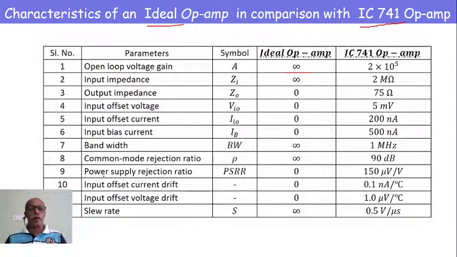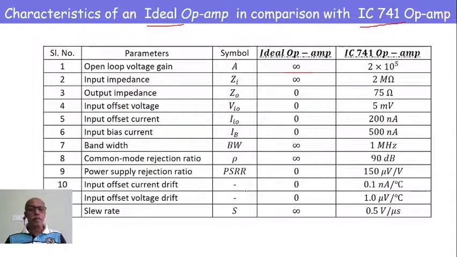Next one is the power supply rejection ratio represented by PSRR, and it will be 0 for the ideal op-amp and 150 microvolt per volt for the IC 741 op-amp.